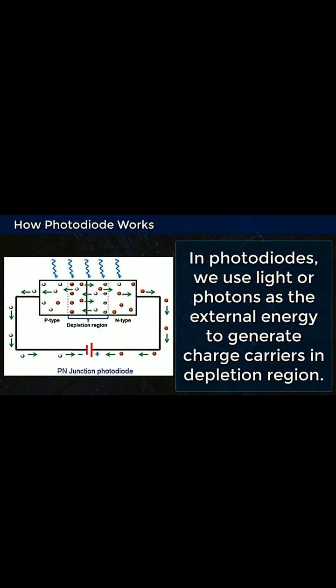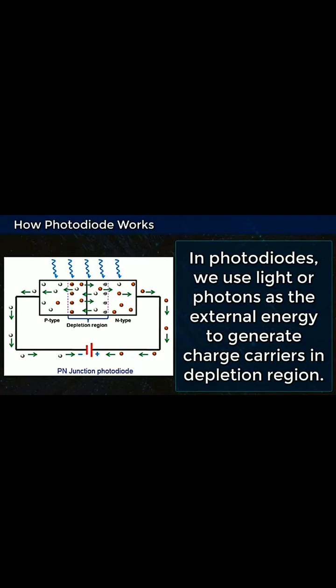So we can say that as free electrons are generated, their counterparts, holes, are also generated. Now this electron and this hole are free charge carriers. These are not immobile charges anymore.